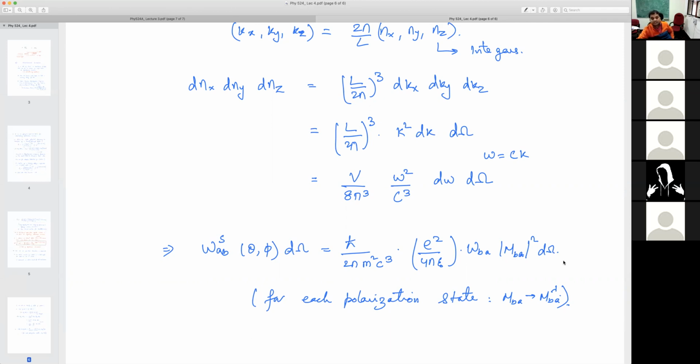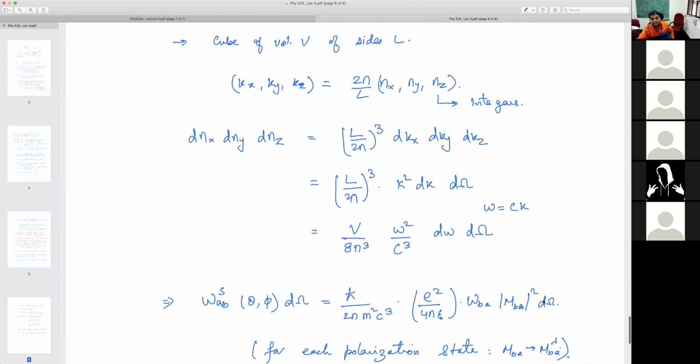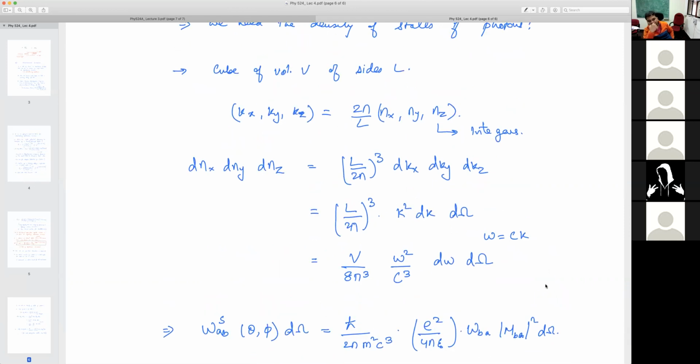So immediately a question: where does the polarization of light go in this equation? Which quantity in this last equation is polarization dependent?